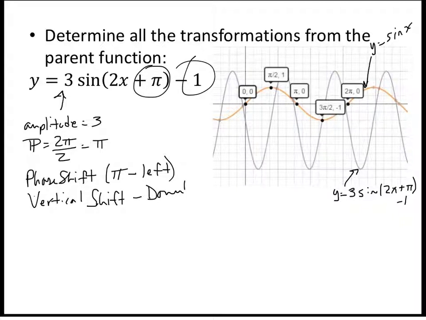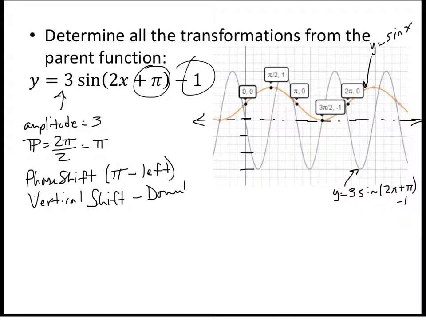So what that means for our amplitude is, though we go a total of 3 up and 3 down, when we're looking at our -1 for our vertical shift, that's like saying my x-axis, or my theta axis, I should say, got moved down 1, okay? So you can see that's the middle of the function.